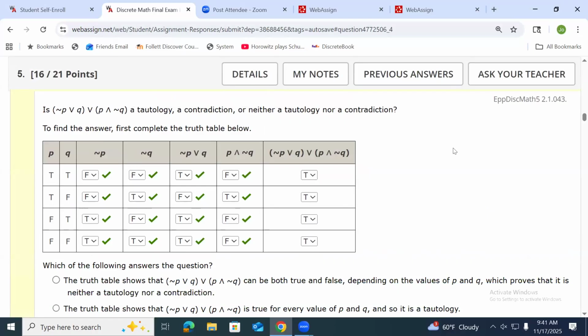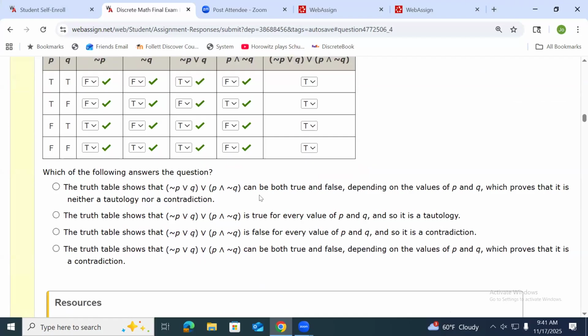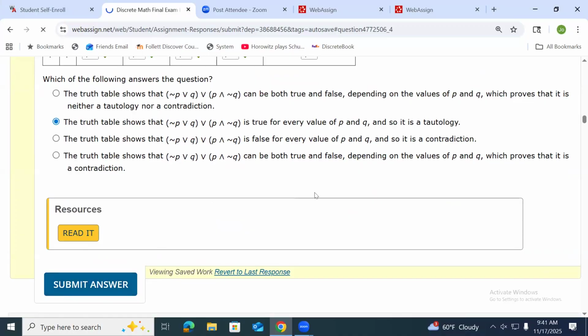And that does come out to always be true. So this full statement itself as a whole, not each part of it, but the entire thing as a whole, is a tautology. So it's true for every value. So therefore the entire statement as a whole is a tautology. So submit. Good work.